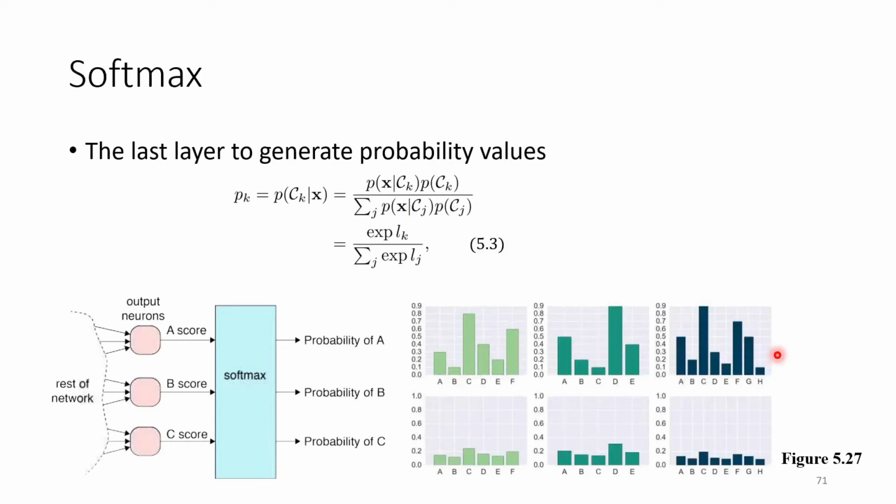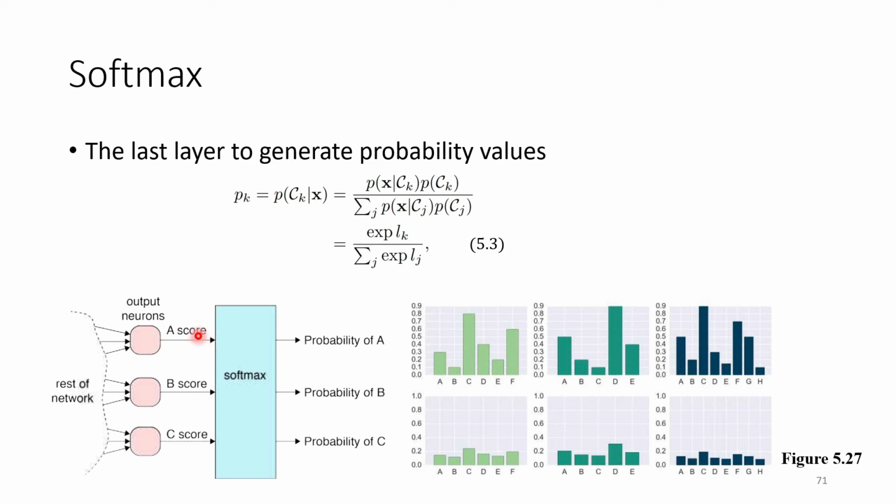Okay, so here let's go back to the softmax function. We see the softmax function in equation 5.3. It means if we have several classes and we want to predict their probabilities, then we use the softmax function for deep learning or neural networks. So this is a perceptron, and every perceptron will generate a score.